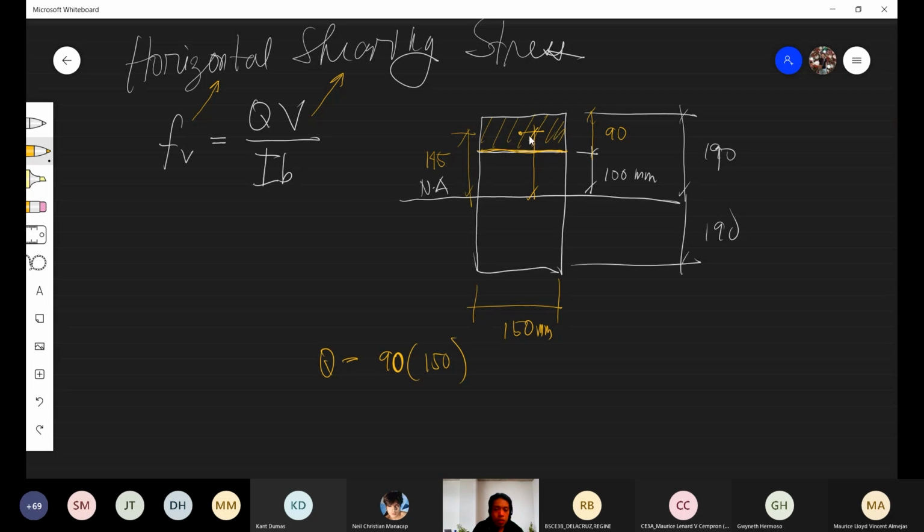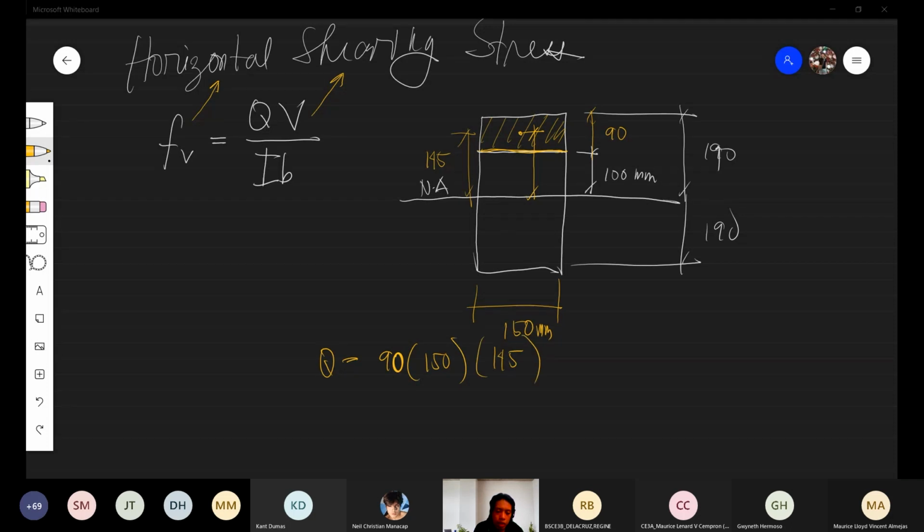Times the moment arm, since we want the moment area. The moment arm is from the centroid to the axis where you are getting the moment area. That axis is the neutral axis, and that distance is equal to 145. So 90 times 150 times 145.